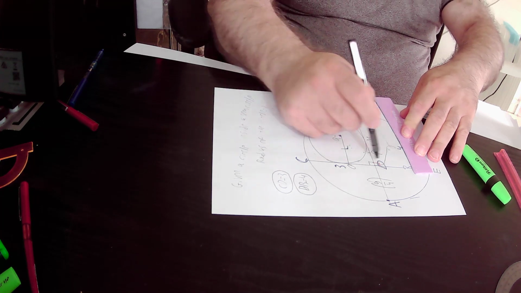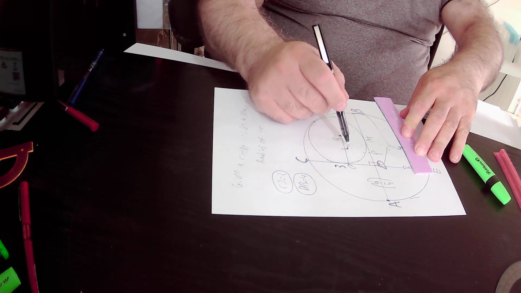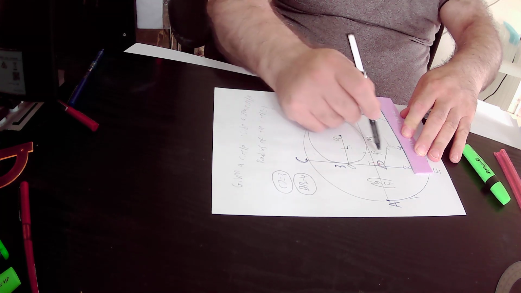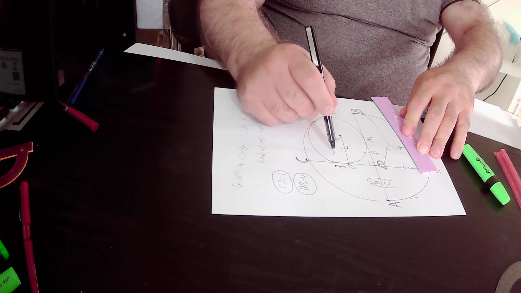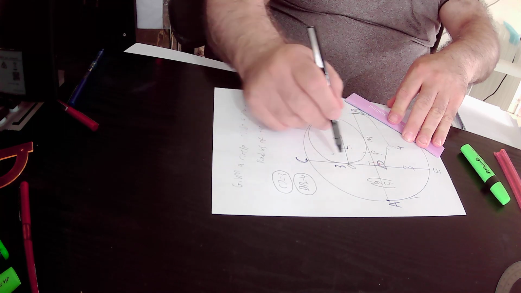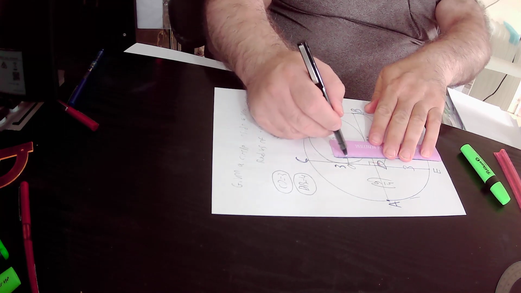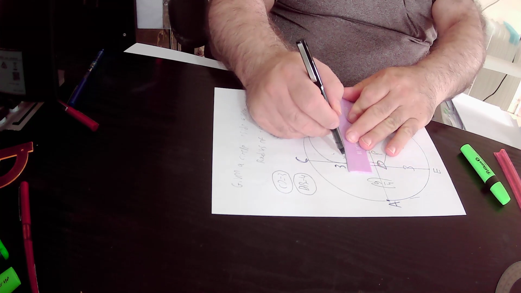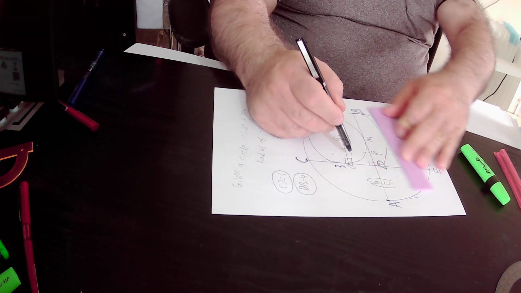In this case, the tangent DC will be perpendicular to the radius OQ, that is to say, this angle will be equal to 90 degrees, and this angle will be also equal to 90 degrees.